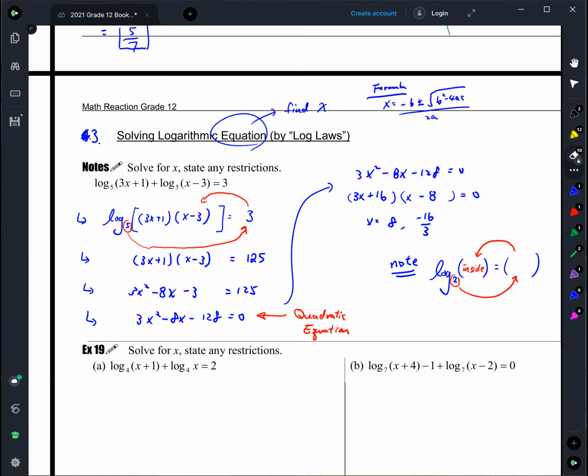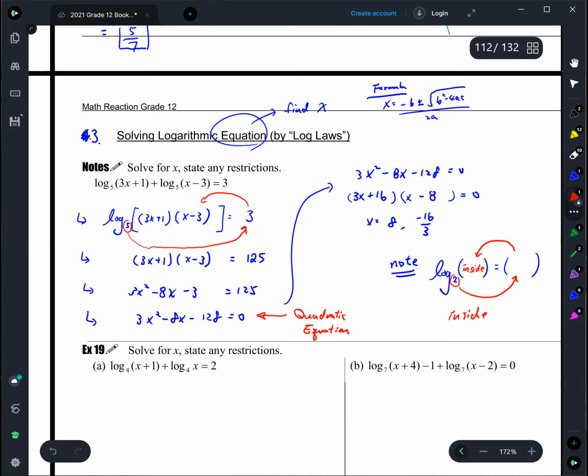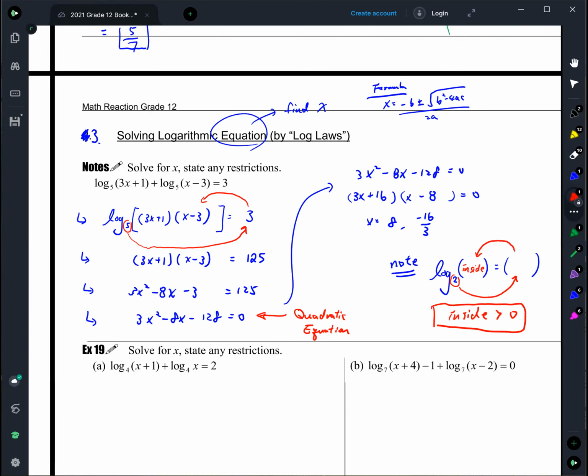Also, it can never be a negative number for the inside. So you need to make sure the inside is always positive. Whatever is in the bracket has to be positive.